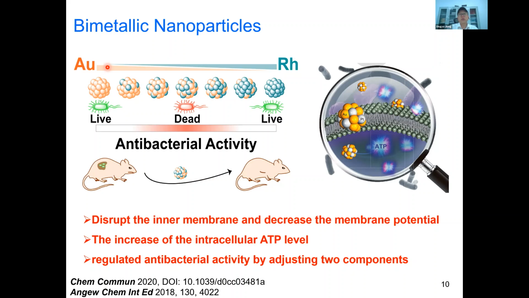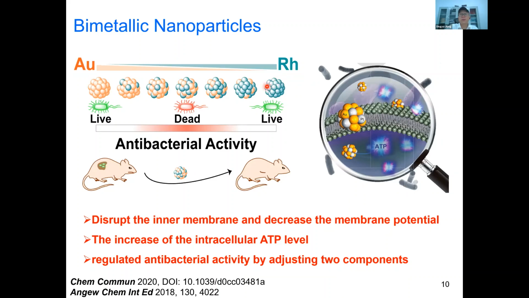But our students at the time were also playing with several other types of noble metals that could easily form alloys. For example, we looked at gold platinum, AuPt, and gold palladium, AuPd, and gold rhodium.